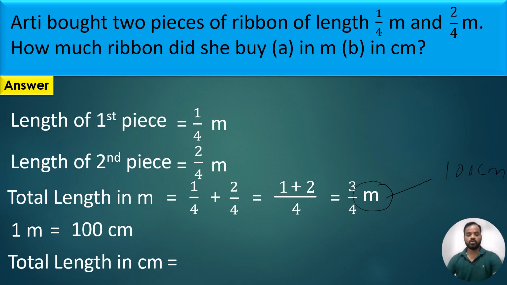Okay, so here we write 3 by 4, and 1 meter is 100 centimeter. So 3 by 4 into 100 centimeter. So when we cut 4, 25 times 4 is 100, and 25 into 3 is equal to 75. So the answer is 75 centimeter.